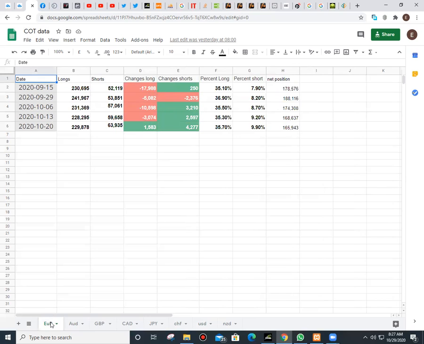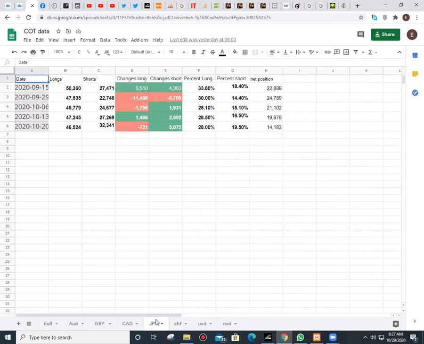But what if it is Euro JPY? What are you going to do? You check the data of Euro and you check the data of JPY. Then from there, take the two datas and ask yourself, I'm a market maker. What is the most likely thing to do?